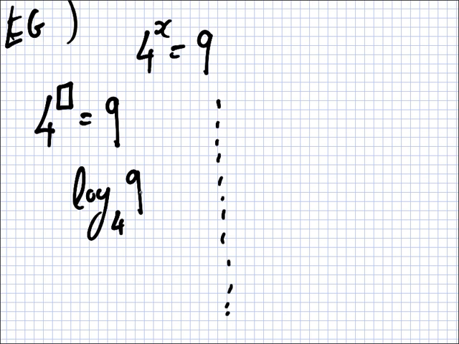4 to what power gives me 9? So it should be a decimal. But if your calculator has the option, you can type this in. What calculator do you have, Jason? Do you have a Casio? Can I see? That one certainly can, can't it?